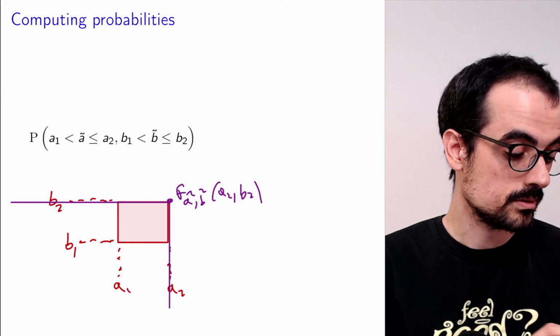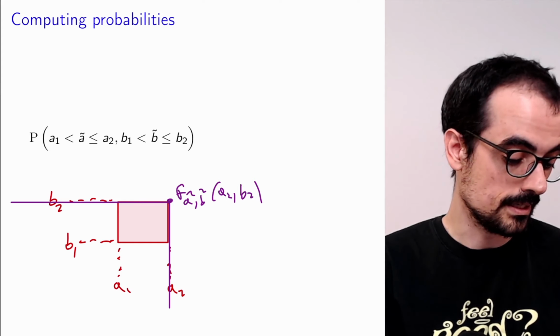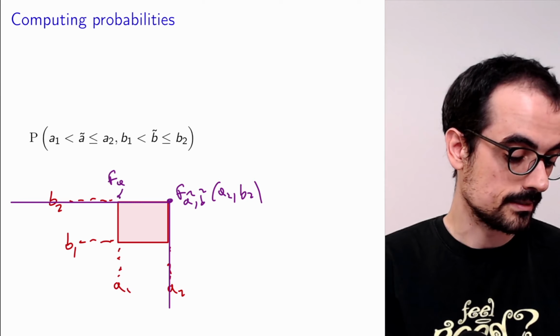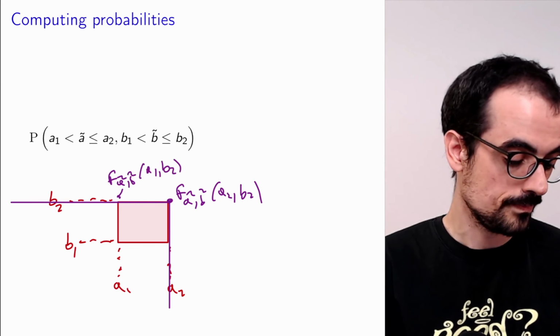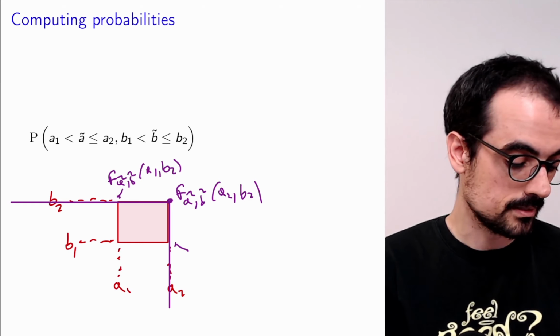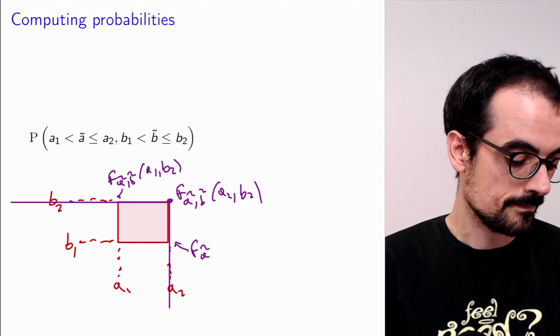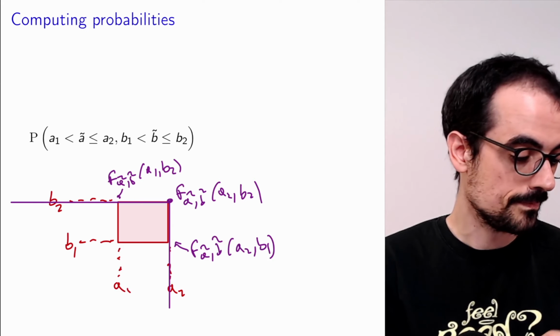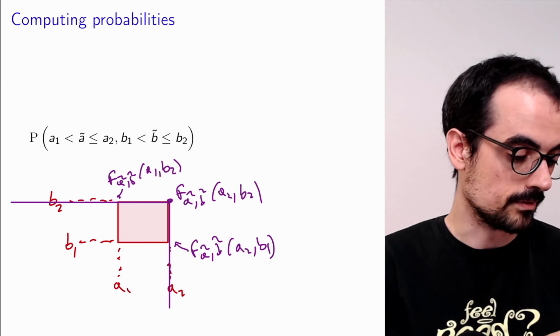So I'm going to subtract the CDF here at A1 B2. And I'm also going to subtract this CDF here at A2 B1. Okay, and I'm going to draw them maybe in different colors.